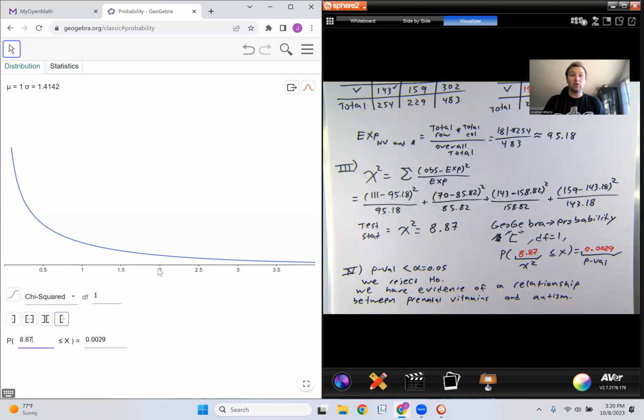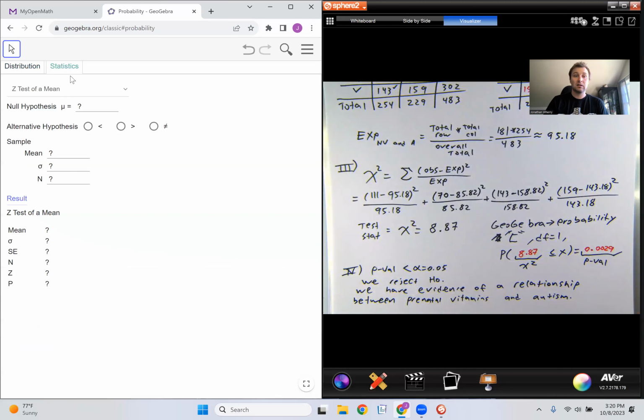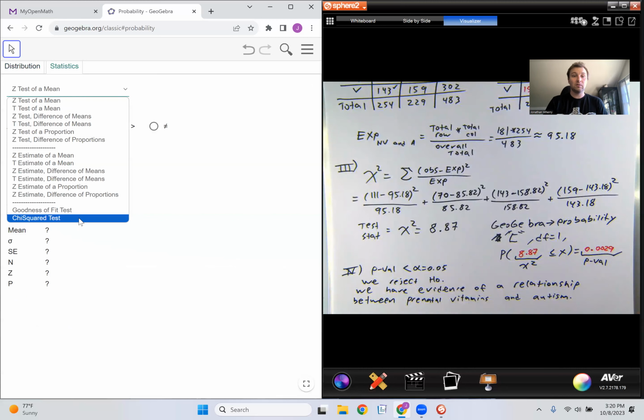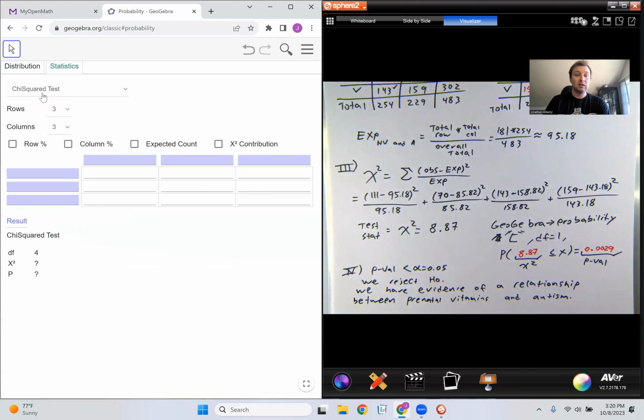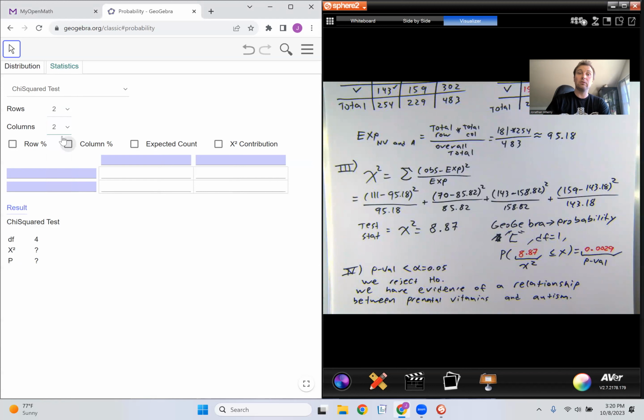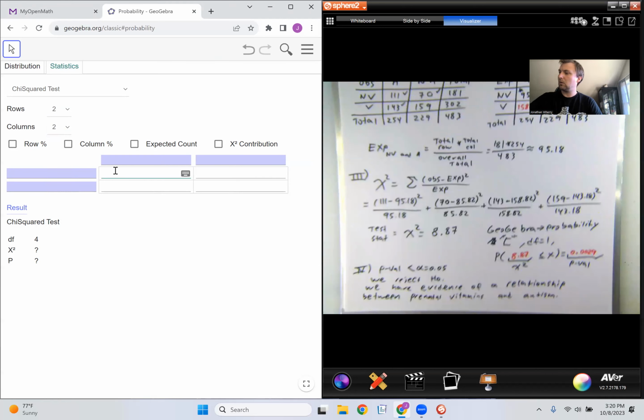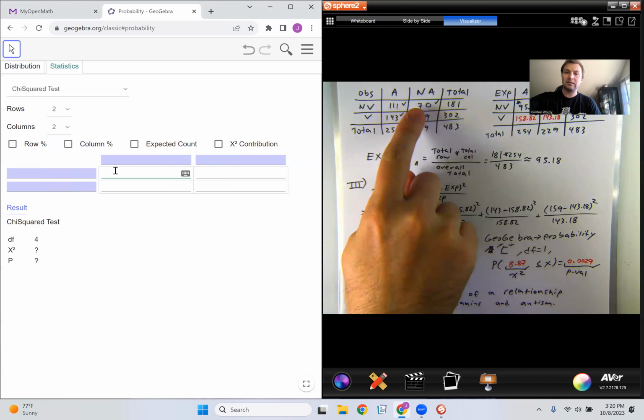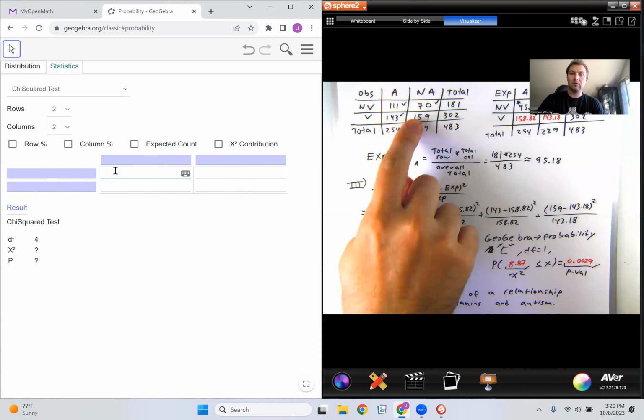Now, inside of GeoGebra, if you go to statistics and you choose the option for chi-squared test, you get something that looks like this. And inside of this, you can choose how many rows and columns. We had 2 rows and 2 columns. We had a 2 by 2 to start out with. And those inside numbers were the 111, 70, 143, and 159.